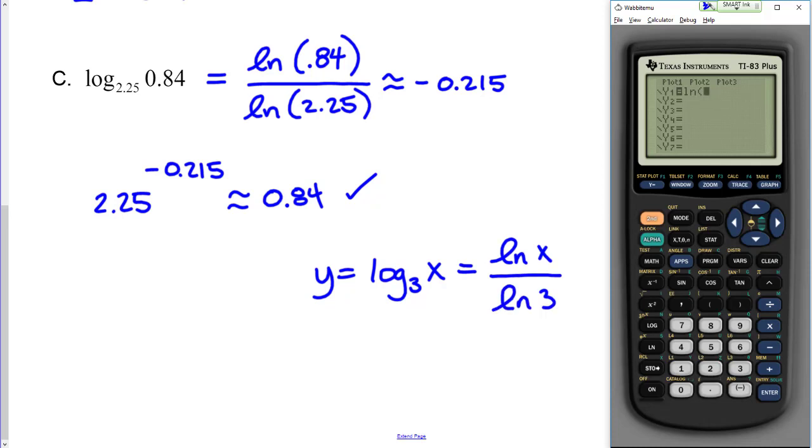So natural log of x divided by the natural log of 3. And then when you graph, it will do a log base 3. So in case you're ever needing to do that, that's what you have to do. Because again, there's no other logarithms the calculator can do besides natural logarithms and common logarithms.